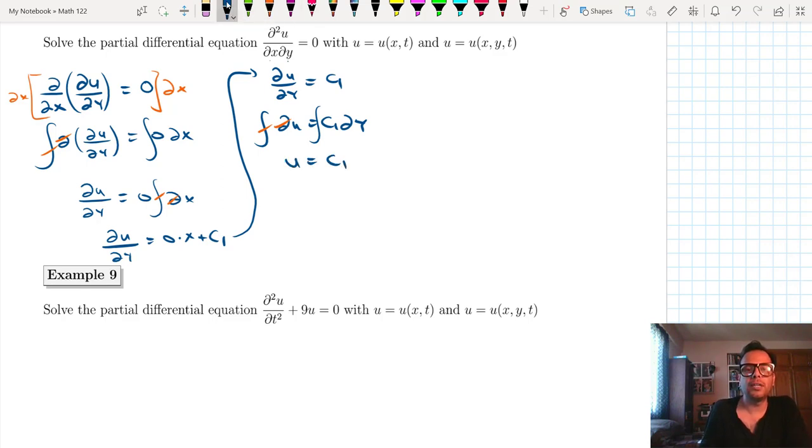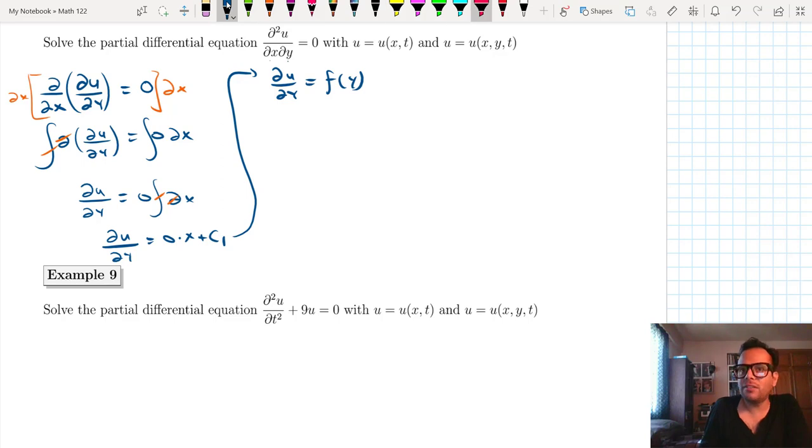Let's see, 1 times y plus, you know what, in this case, to avoid confusions here, to avoid going back too many steps, let me call this some f of y. Why do we call this some f of y?